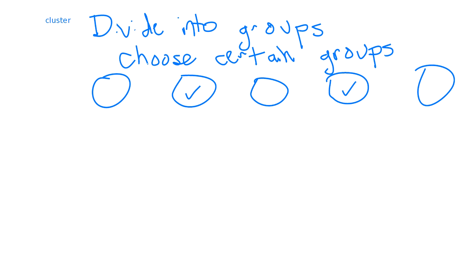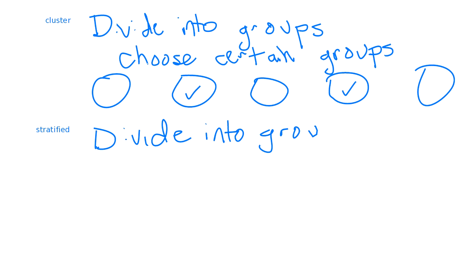But with stratified, I like to remember it with pictures. You divide whatever your population is into groups.